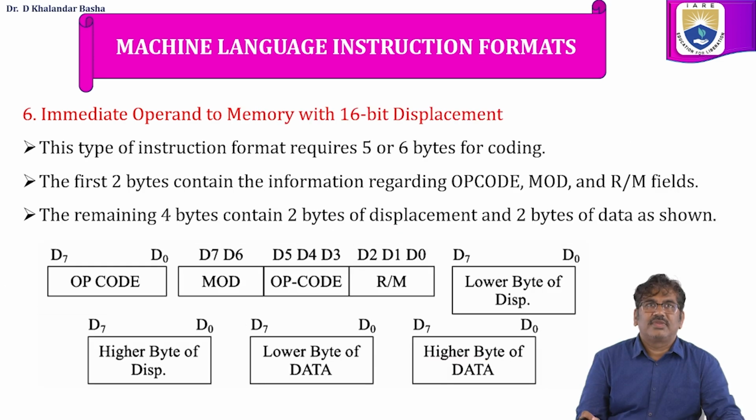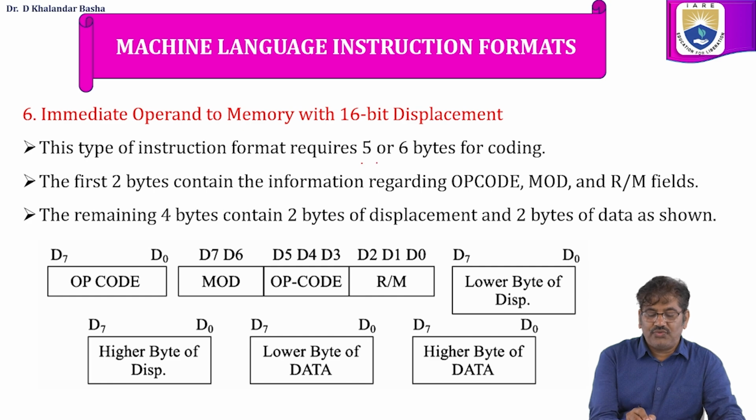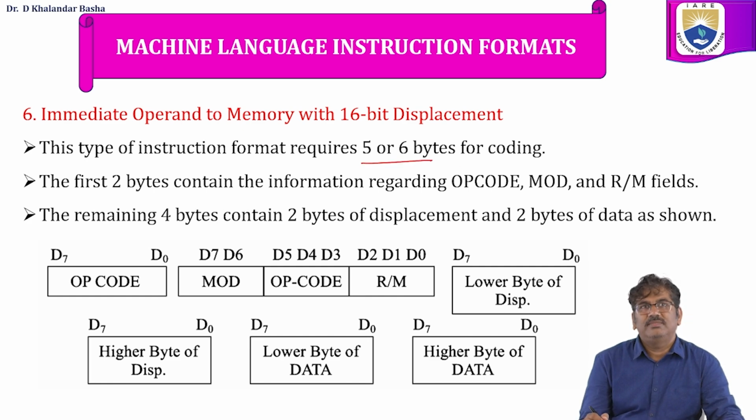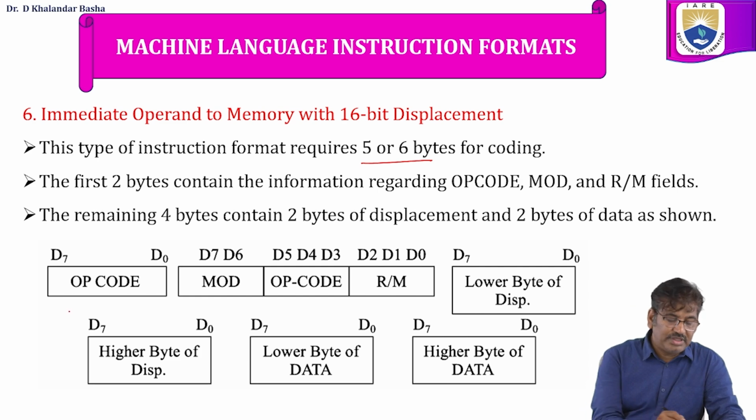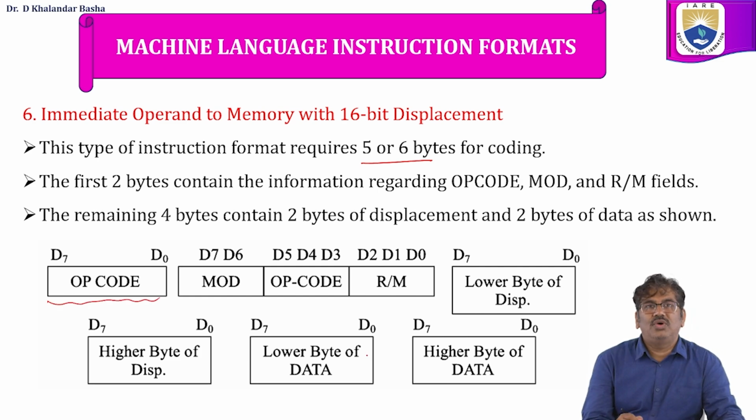The next one is immediate operand to memory with 16-bit displacement. This type of instruction requires 5 to 6 bytes for coding. The first 2 bytes contain the information regarding opcode, mode and register or memory fields. In the first byte we have the opcode. In the second byte, 3 bits are reserved for opcode, 2 bits for mode and 3 bits for register or memory.